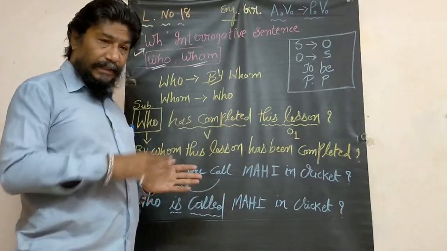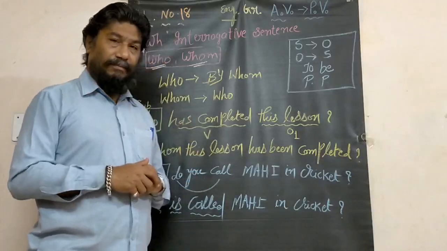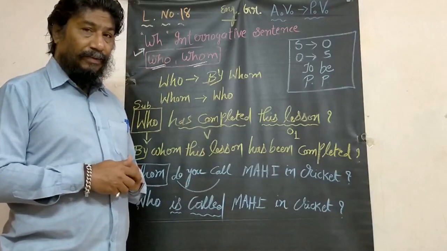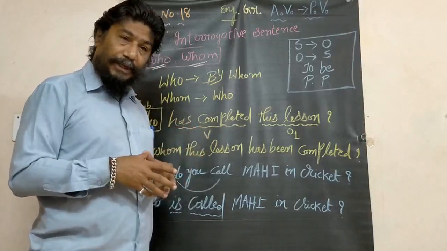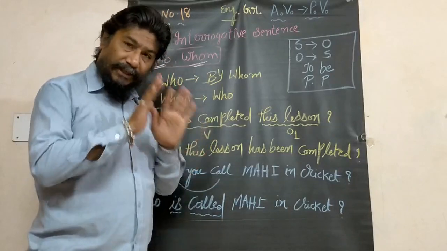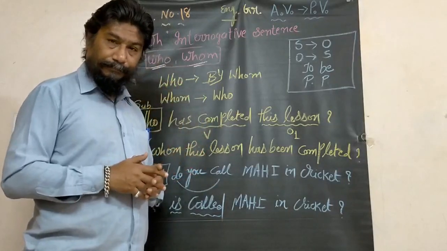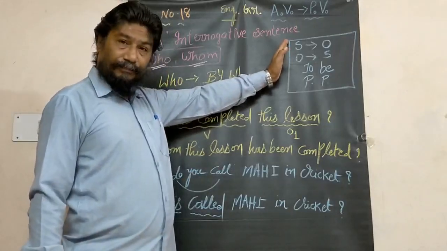Somewhere else, if it is given to you, you have to be a little bit attentive. Last time I told you, whatsoever is given in a WH interrogative sentence, you will keep it as it is without any change. And next to that one, we will follow this one.